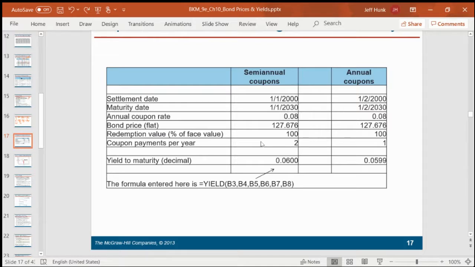Starting from the same present value, going to the same future value, what should happen with the interest rate? Well, it takes less interest rate to get to the same future value if compounding is more frequent.